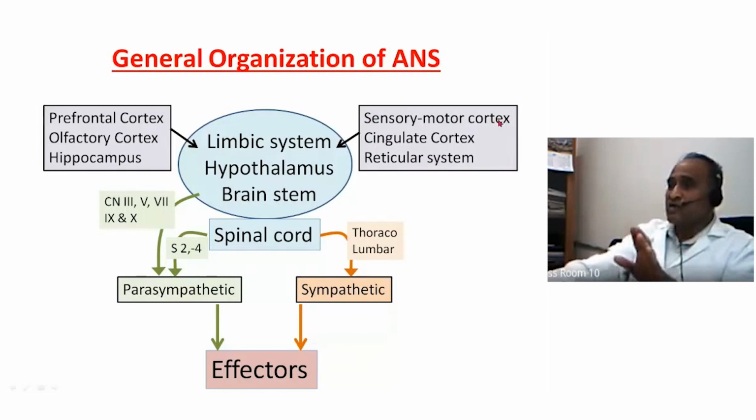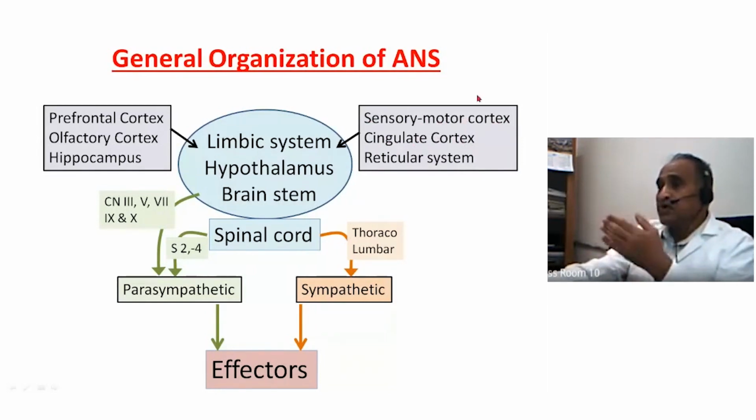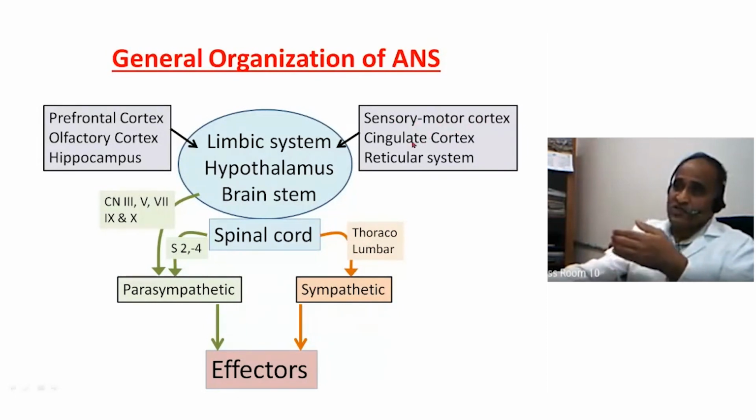And the sensory motor cortex, because if emotions are to be shown, say for example, if one wants to run away, that's a part of the emotion, so that means the motor cortex. So they receive inputs from the motor cortex and the sensory cortex, even the occipital, meaning all the sensory modalities. So they are activated, and they influence the limbic system.